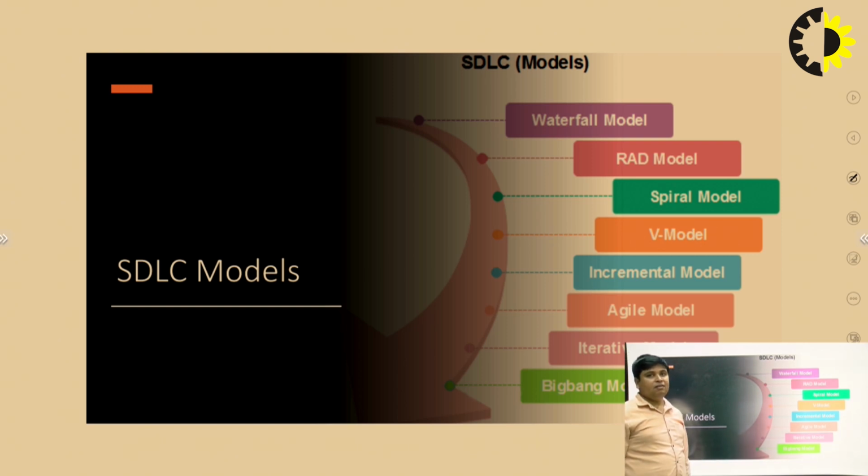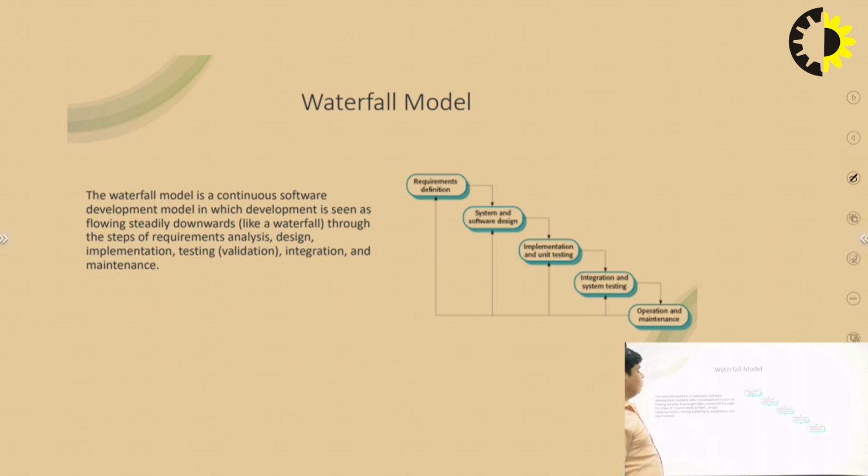Now, the waterfall model is a continuous software development model in which development is seen as flowing steadily downwards through the steps of requirements analysis, design, implementation, testing, integration, and maintenance. Means all the steps flow downwards to the next step.